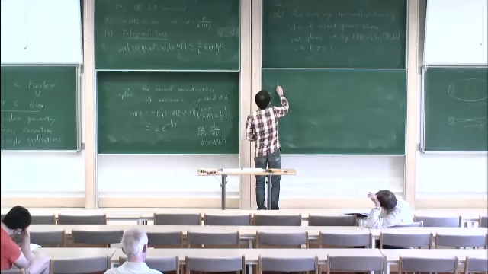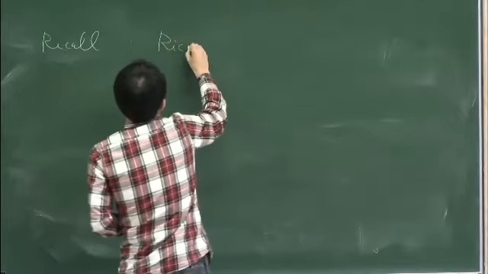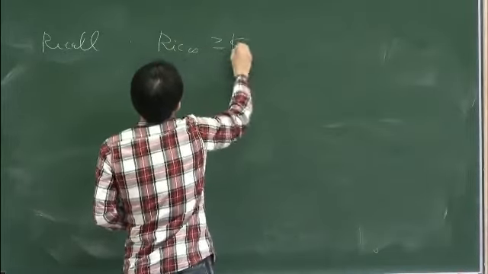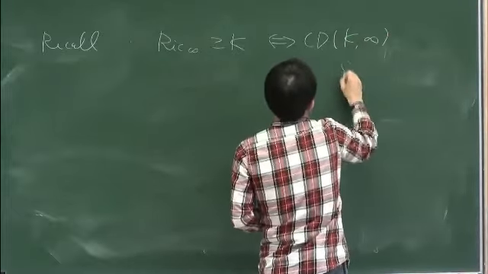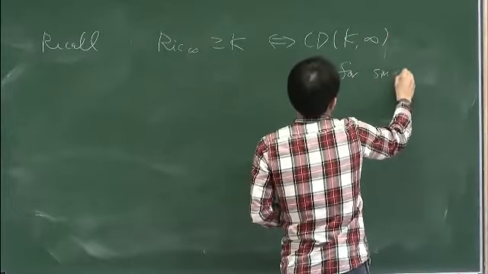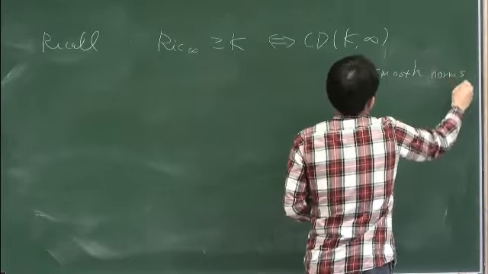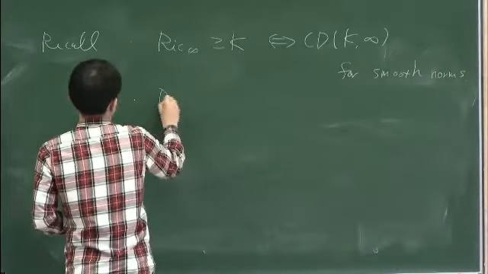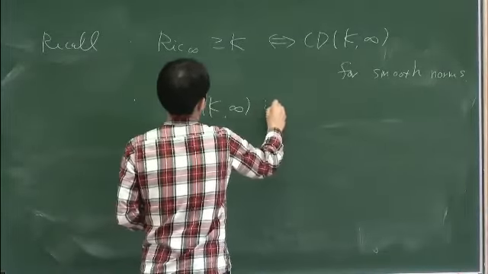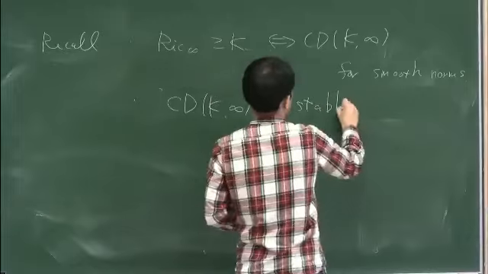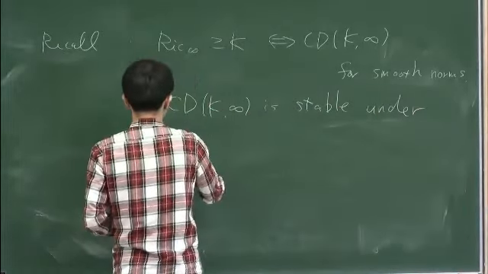So we just go. Norms. And then the curvature-dimension condition is there, under the measured Gromov-Hausdorff convergence.